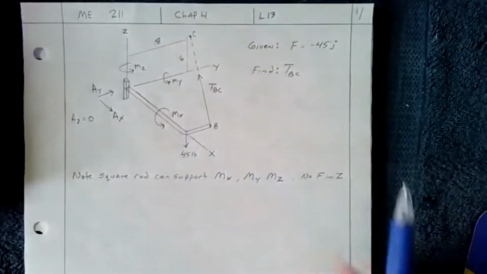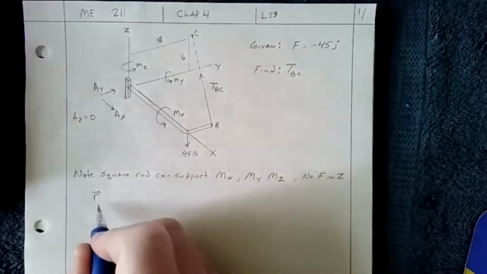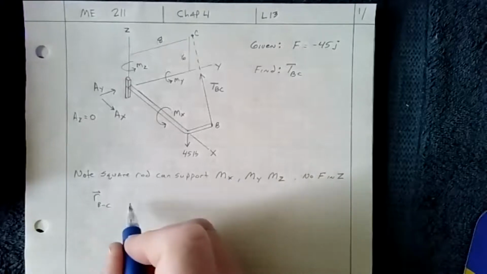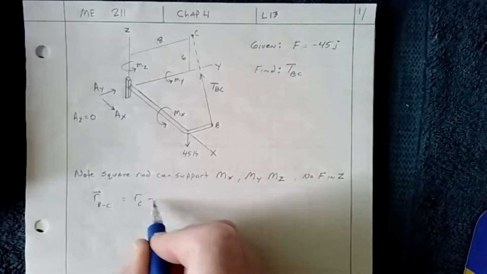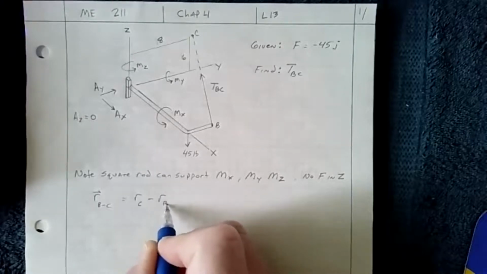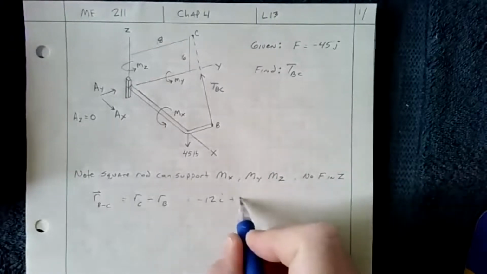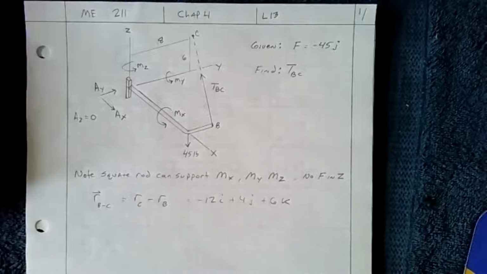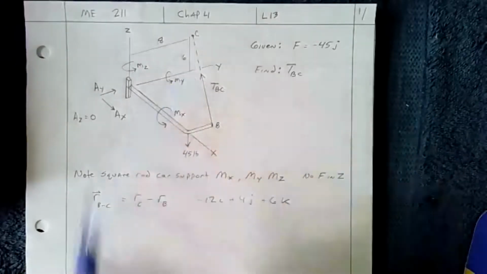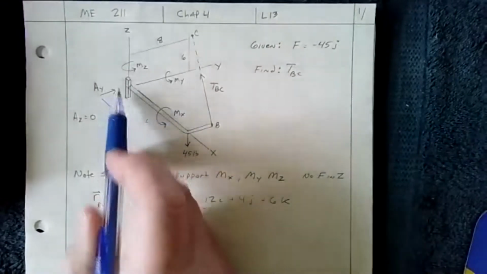So if we do that, we go ahead and find our r vector going from B to C, which is essentially equal to r with the location C minus the location B, and that's going to give us negative 12 in the I plus 4 in the J plus 6 in the K. That's just our simple dimensions if we went from B back to C. I don't think I labeled the 12 here, but that's the distance along this x-axis.